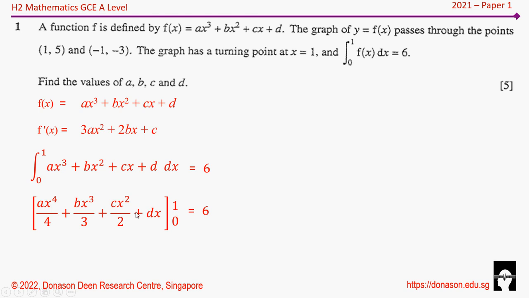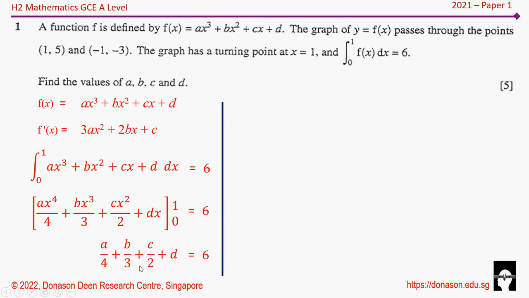So we can substitute the upper limit, all the x's, with a 1, and we just end up getting a/4, b/3, c/2, and d. Of course when we substitute the 0, all the terms are going to become 0, because anything times 0 is 0, so I am not writing the minus 0, and this should be equal to 6.